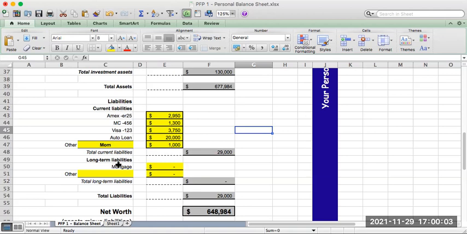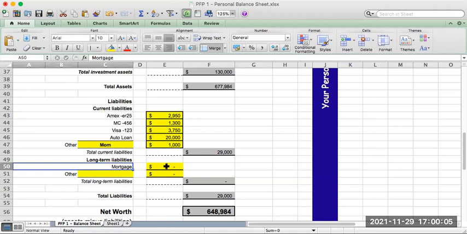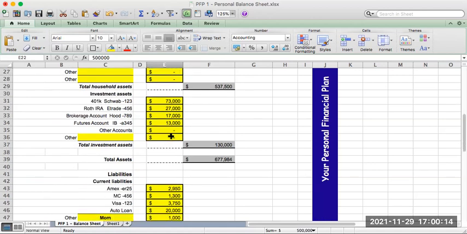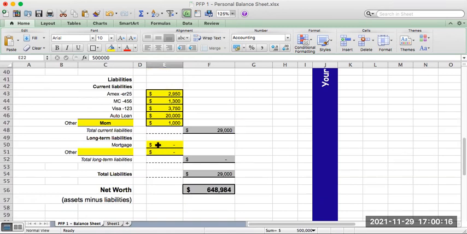Now, remember, we had a house up here that is worth 500,000, not what it costs necessarily. It's worth 500,000 now. And let's say I just bought it, so my mortgage is 460,000. These are considered long-term liabilities, right?